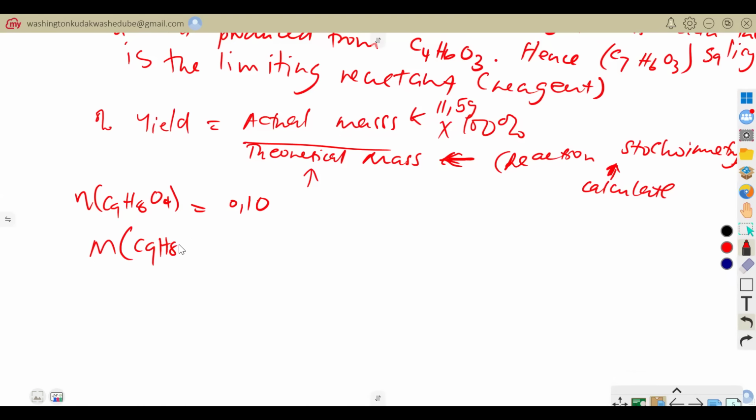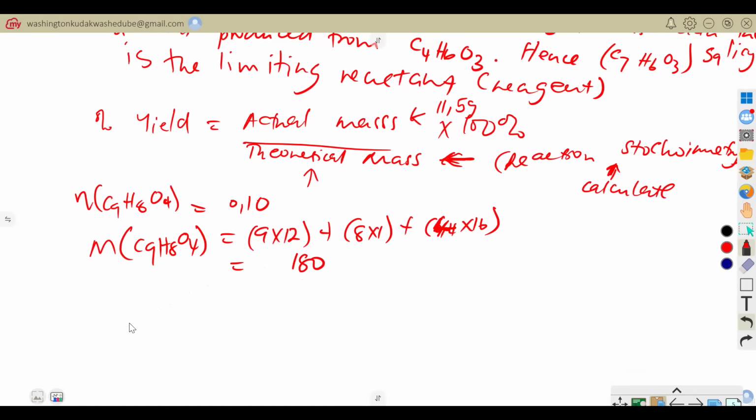The molar mass there would be given by 9 times 12 plus 8 times 1 plus 4 times 16. And then we will find our molar mass there is going to be equal to 180. And thereafter, we need to find our mass.